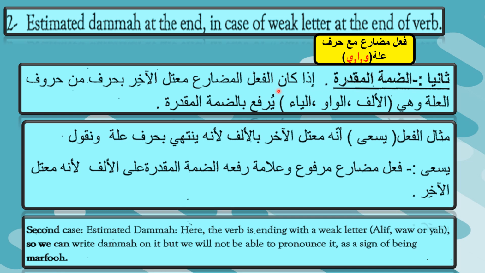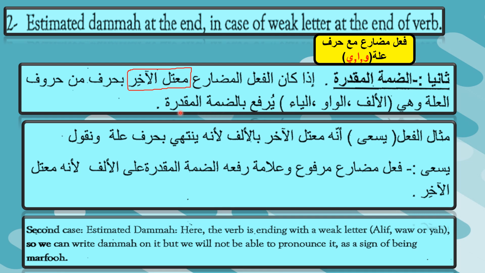إذا كان الفعل مضارع معتل الآخر. So this is a new word actually, so it will be better if you learn all these words. معتل الآخر means you have a weak letter at the end in the فعل مضارع, and it has a letter from the weak letters, وهي ألف واو and ياء. يرفع بالضمة المقدرة.